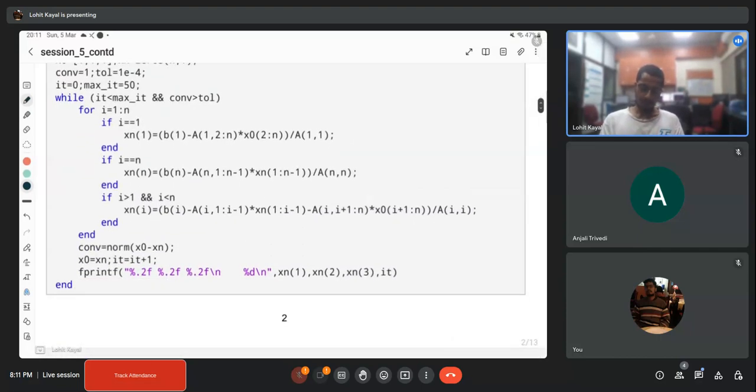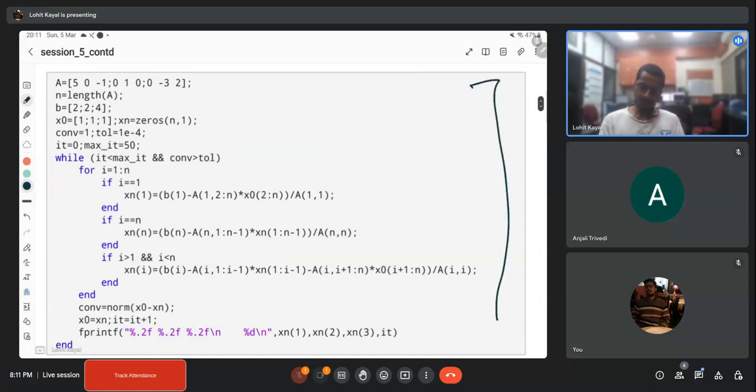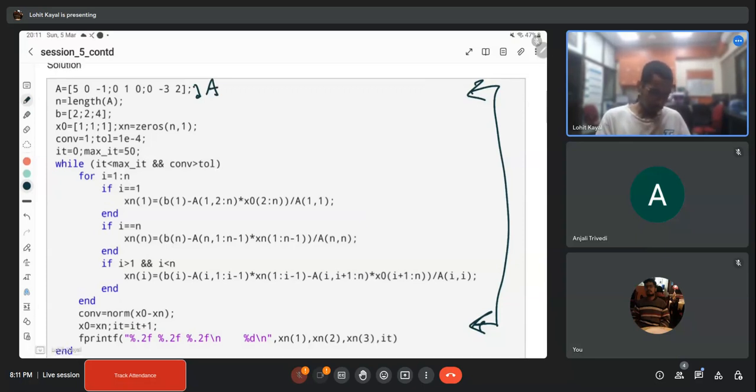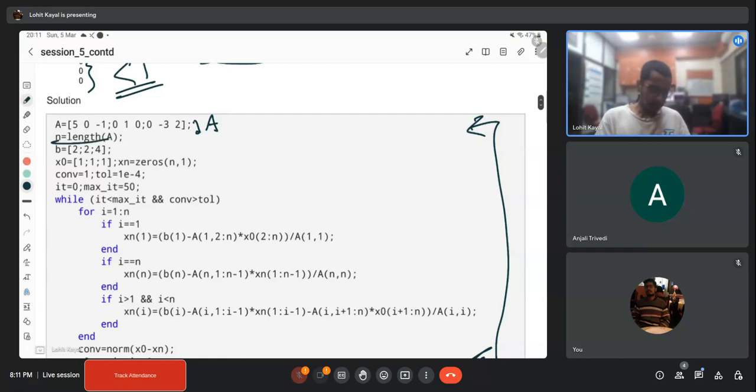Now I have done the main coding part, where I will try to find the solution to this question. So again I need to write a matrix. This is my matrix A. I am not writing it again because you already know what it is. n is the length of A, same thing. Here I have provided B. B is 2, 4.